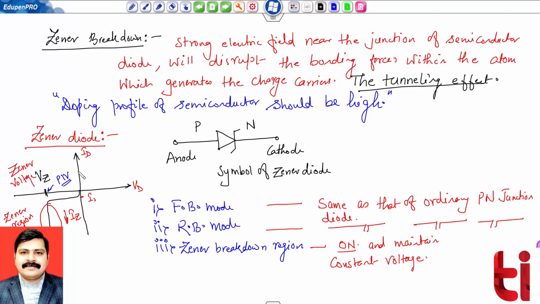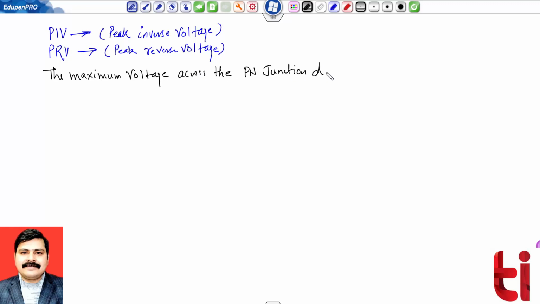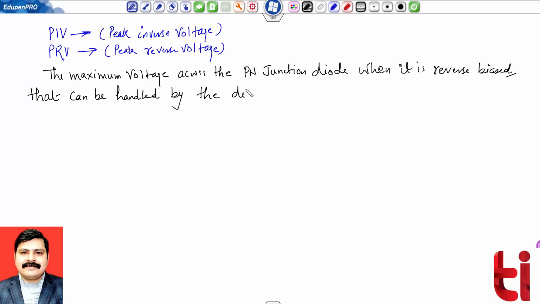Okay, so PIV, now let me write this definition explicitly. The definition of PIV is the maximum voltage across the PN junction diode when it is reverse bias, that can be handled by the diode safely.